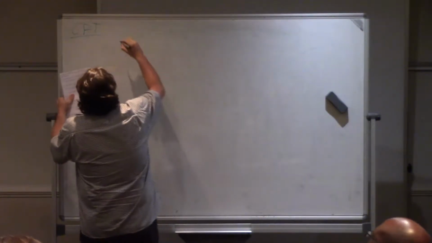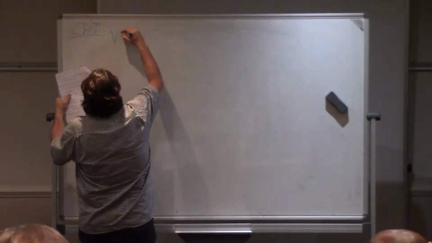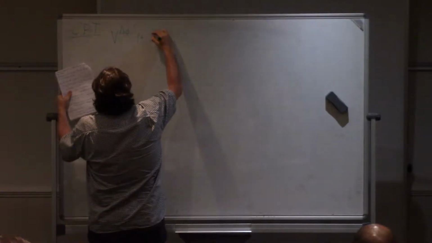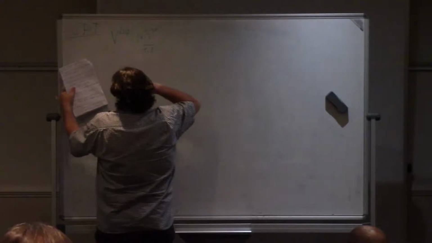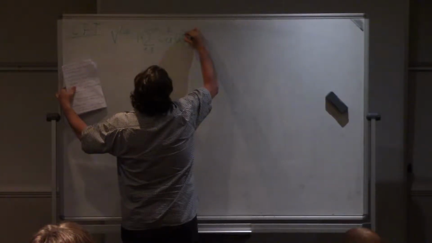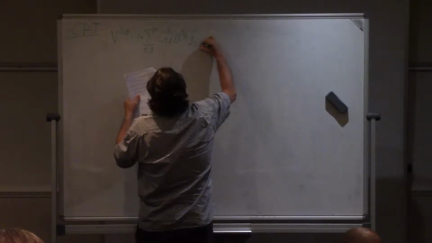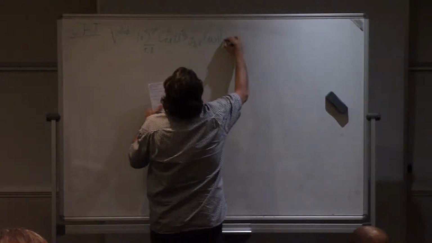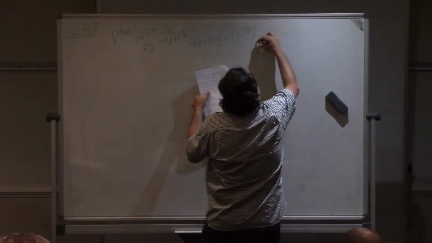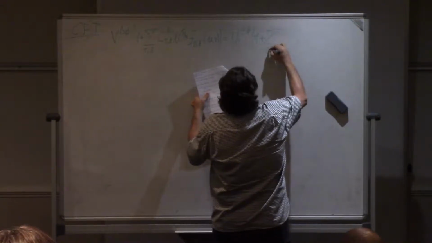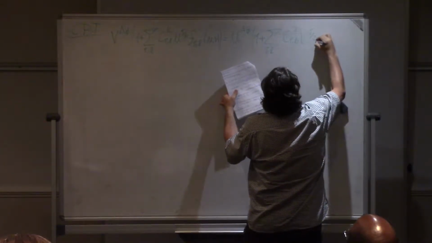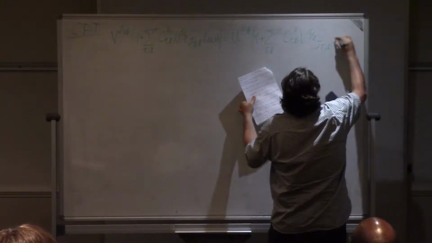So the bootstrap equation or crossing equation was v to the delta phi times 1 plus the sum over tau and L of c tau L squared u to the tau over 2 f tau L of u v, and this has to be equal to u to the delta phi times 1 plus the sum over tau and L of c tau L squared v to the tau over 2 F tau L of v and u.